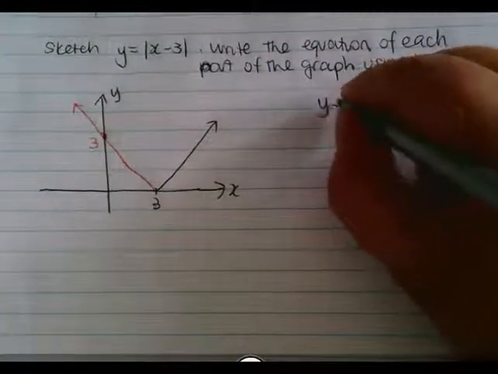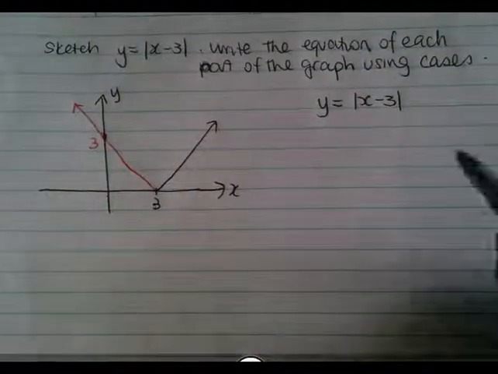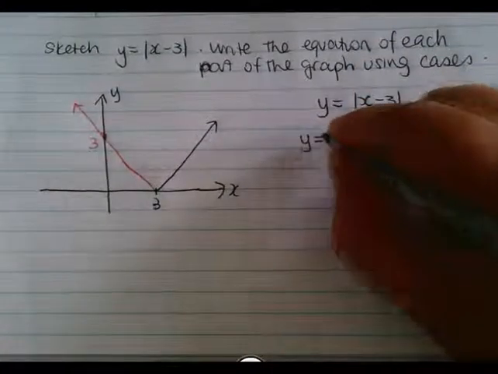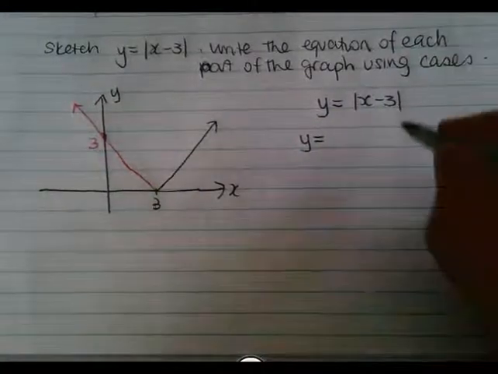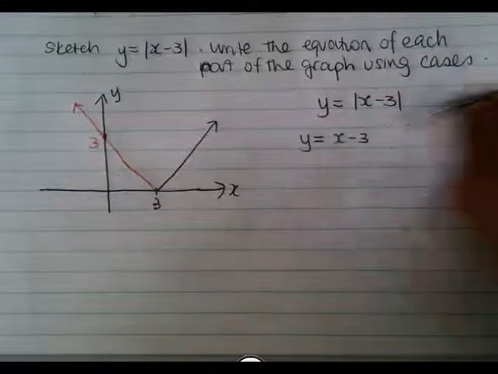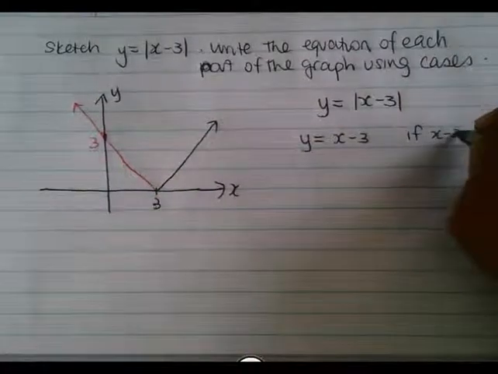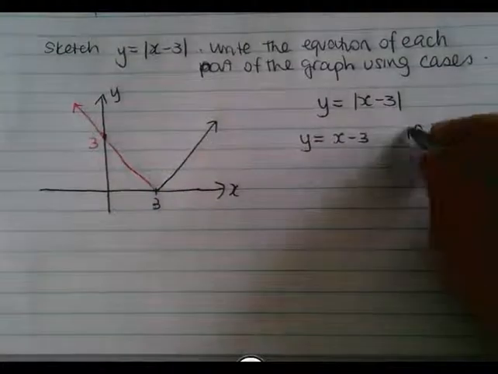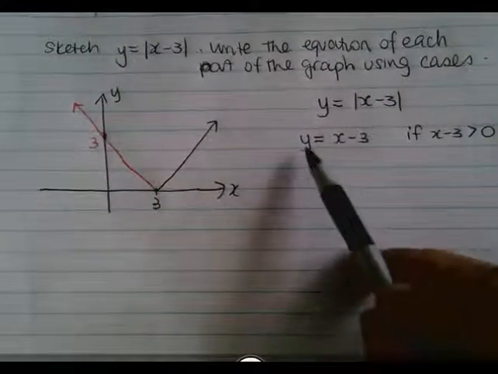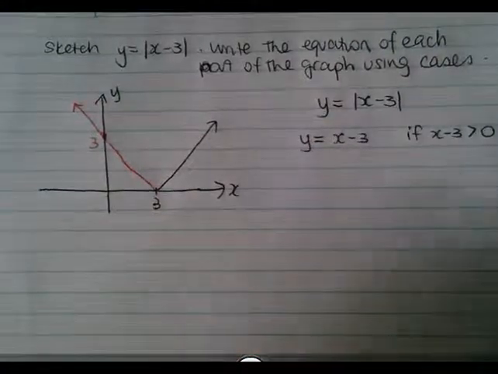So you know how I've got y equals absolute value of x minus 3? I've got that if the x minus 3 is positive, my equation is just that, isn't it? If x minus 3 is positive. Now, girls, can we solve that equation? So the equation will just be, as you see it, y equals x minus 3 if x minus 3 is positive.